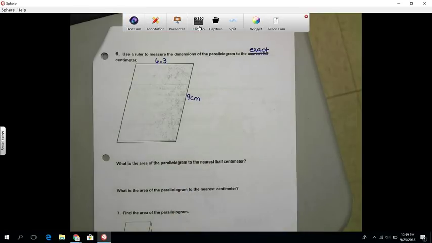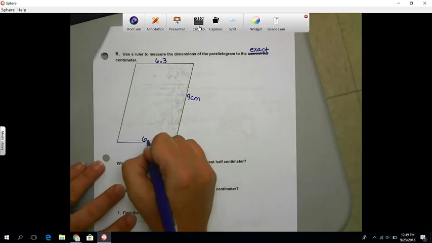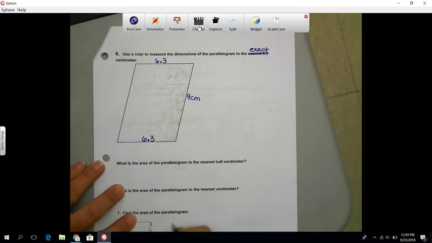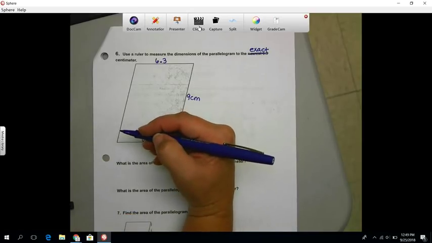Now, in order to solve this, we have to find a base height pair, because we do not have a perpendicular line. So let's remember that if 6 3/10 is up top, it's also down here at the bottom.